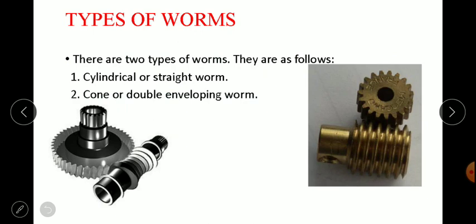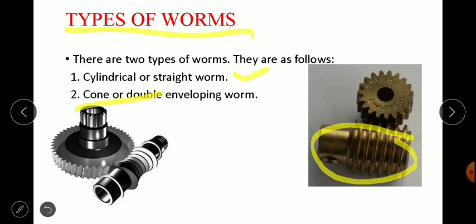Now, further we should understand the types of worm gear drives. Usually worms are classified into two types. First one is cylindrical, or we can call it straight. See, this one is the worm which is a cylindrical pattern, or we can say a straight worm, it doesn't have any conical shape.